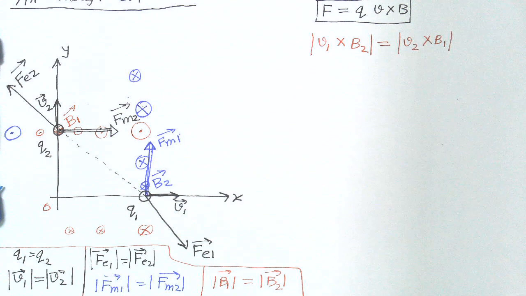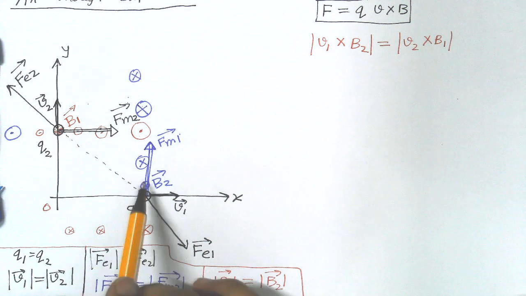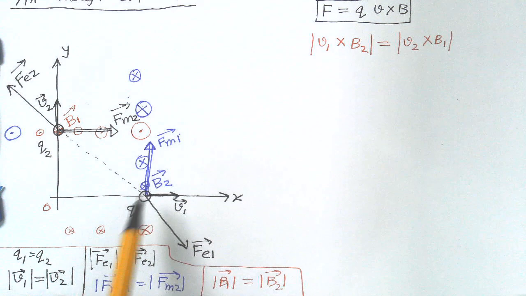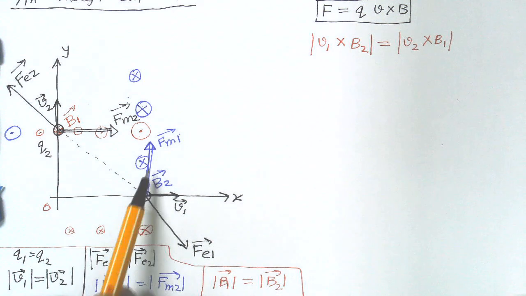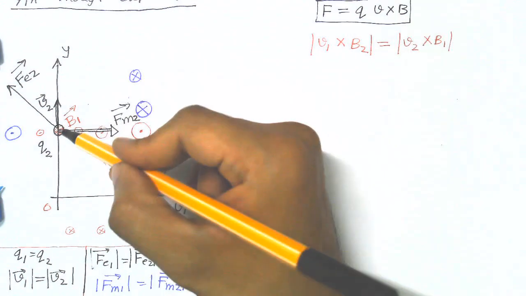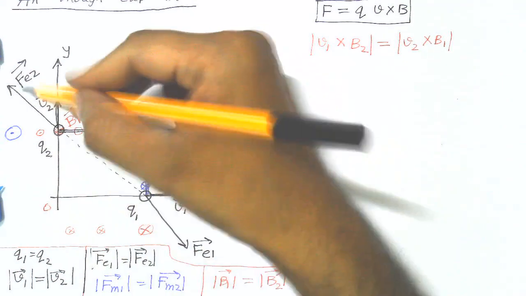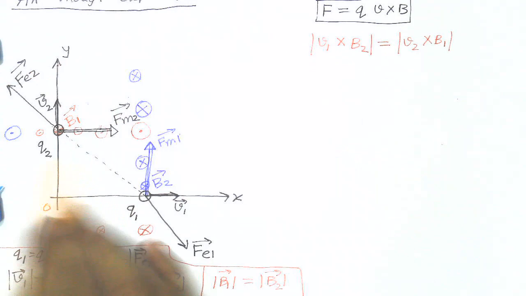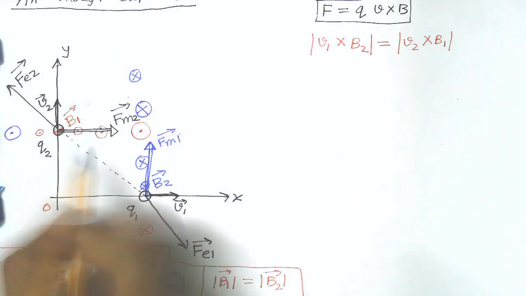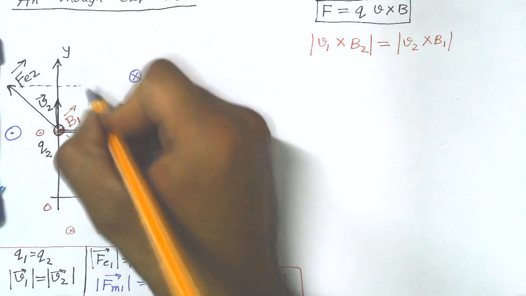So what do we see here? We see that these two magnetic forces are the same in magnitude but not in opposite directions. That there is something wrong. Why? Because now if we calculate the total force acting on particle Q2, that will be a vector sum of Fe2 and Fm2, which you can calculate by taking the parallelogram law into account.